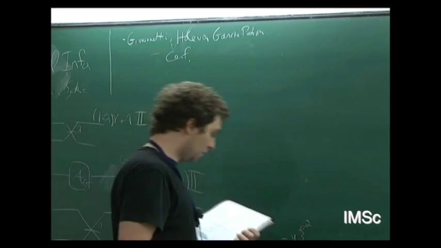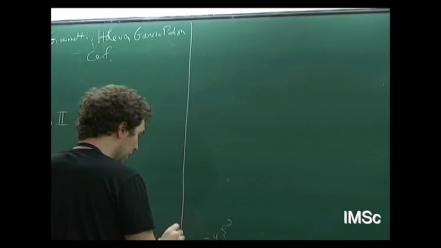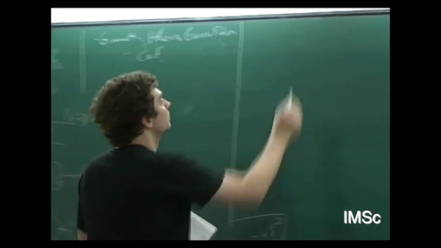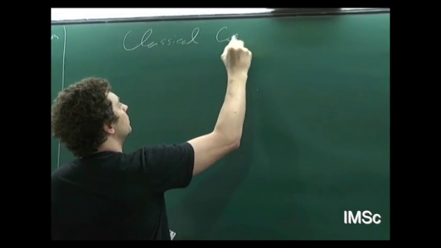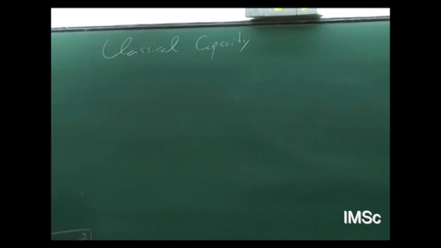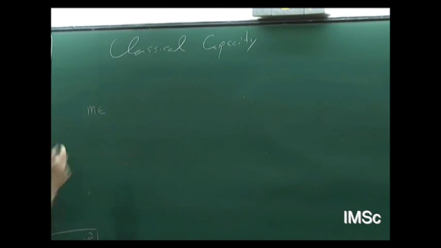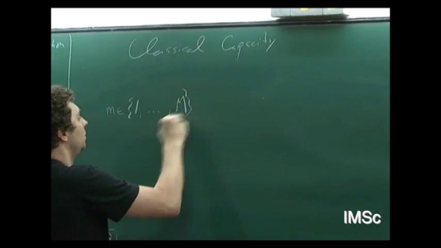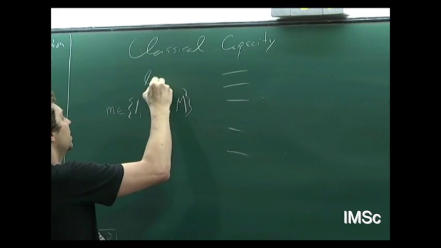So first, I guess, what I'll do is remind you what I mean by the classical capacity of a channel. So what we're looking at is we have some integer from 1 to capital M, and this is log M bits.